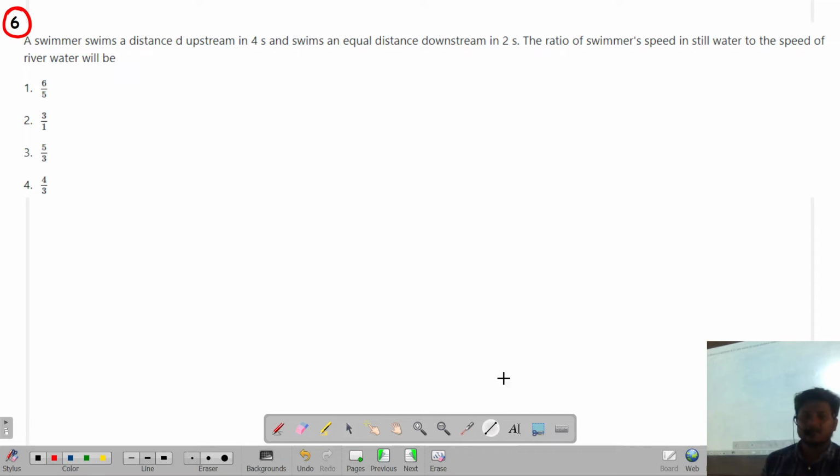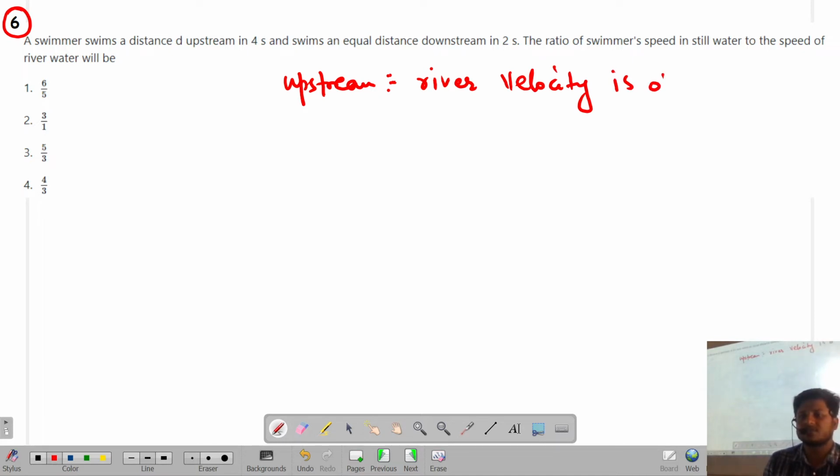Try to understand. The swimmer swims upstream. Upstream means what is happening? The river velocity is opposite to the velocity of the man. Got it or not?